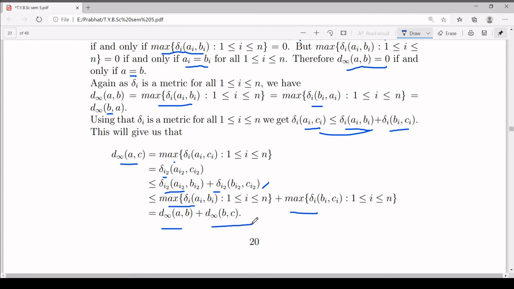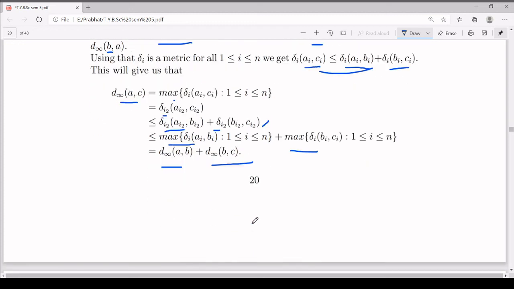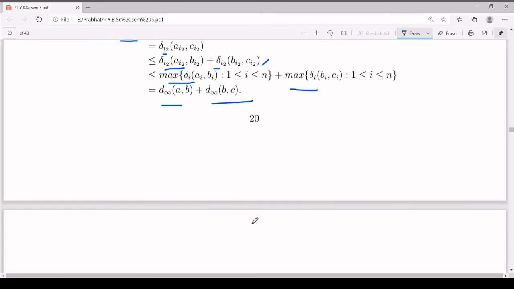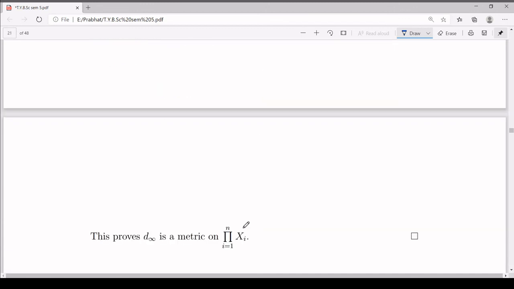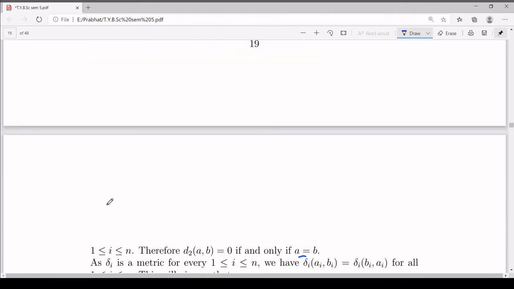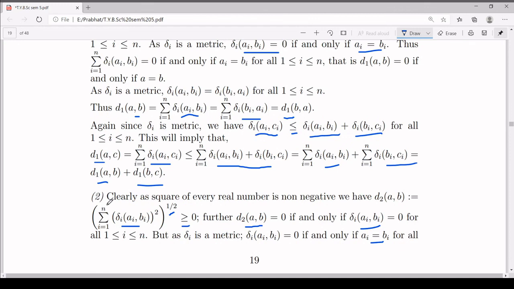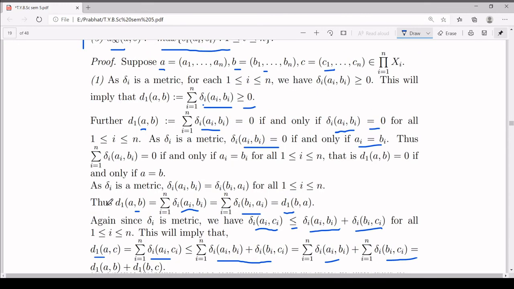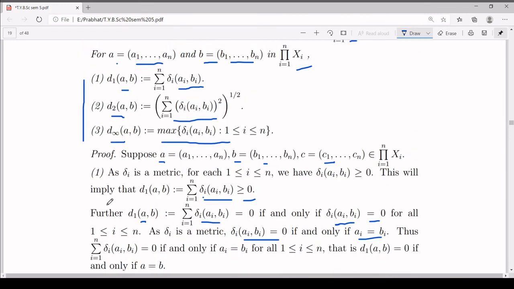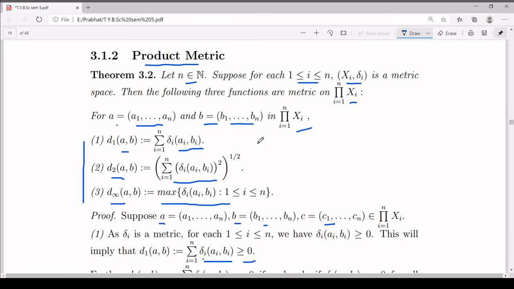That means the triangle inequality in this case also holds, and that proves that the product of the X_i is a metric space with respect to the metric d infinity. So if you have a finite collection of metric spaces, you can create a new metric space called the product space, and the three standard metrics we have discussed in this video. So that's all for this video.